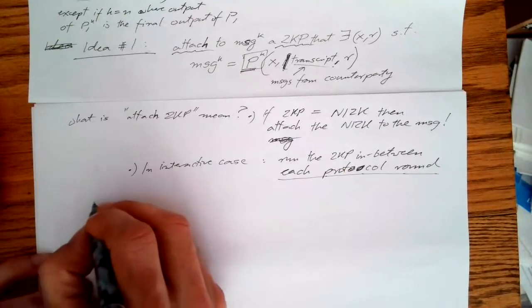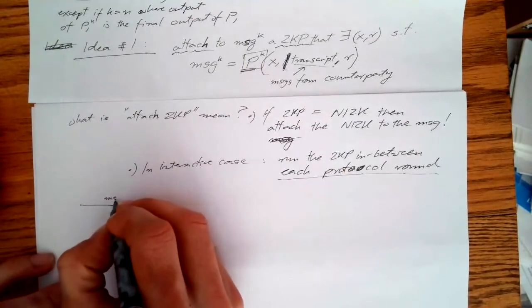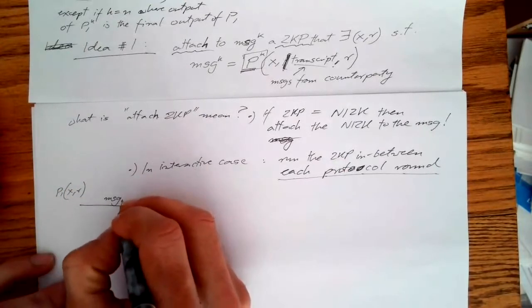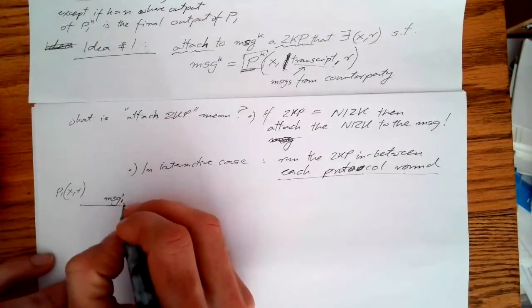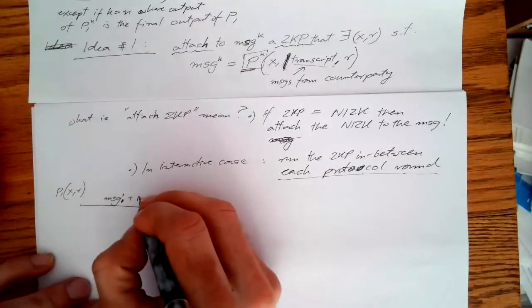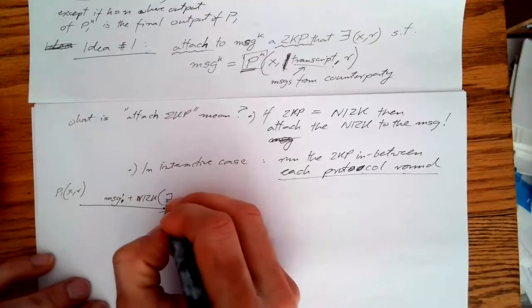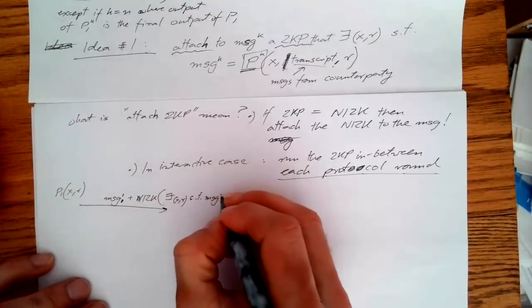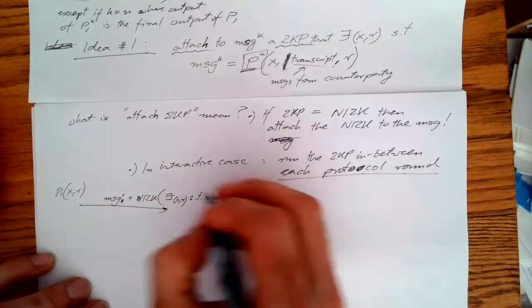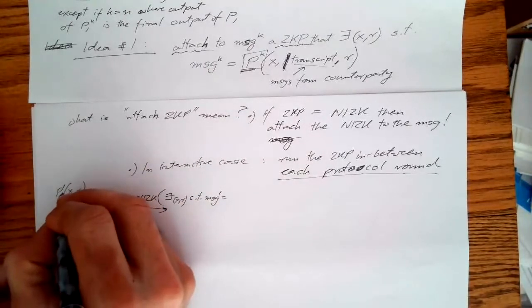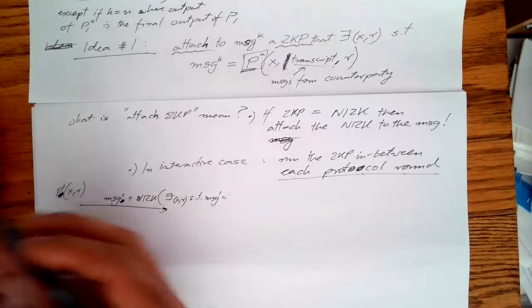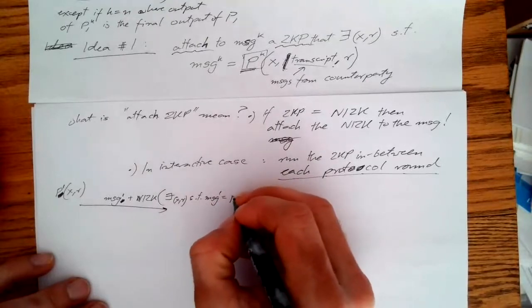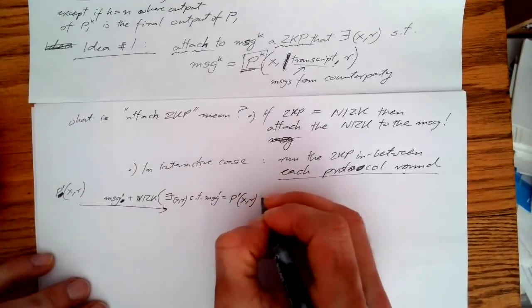So in other words, the protocol would look like this. P1 has XR, and what he sends is his first message plus a NISC that there exists XR such that message 1 is an output of P1 on XR in the first message.